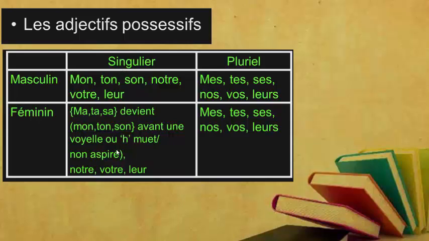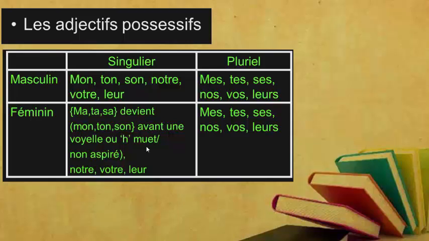Okay, and the word école is a feminine and singular noun. So why can't we use ma for it, or ta for it, or sa for it? Okay, because the word école starts with a vowel. So you can't say ma école, c'est faux. Ta école, it's wrong. Sa école. So you have to change this into mon école, ton école, son école.